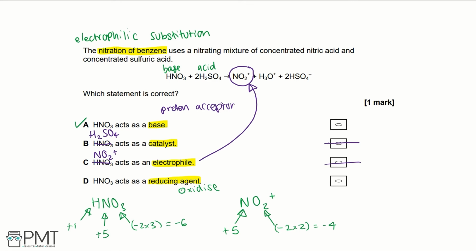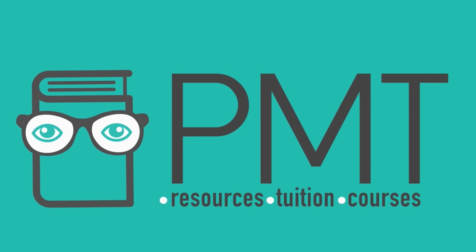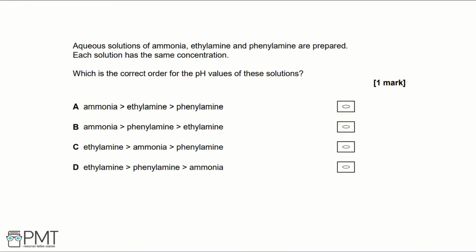But that means it can't be a reducing agent, because if it was a reducing agent, its oxidation state would increase to, let's say, +6 or +7, or even higher. So D can't be correct. That makes our answer definitely A, and to get the mark for this question, you need to circle the box that corresponds to A.